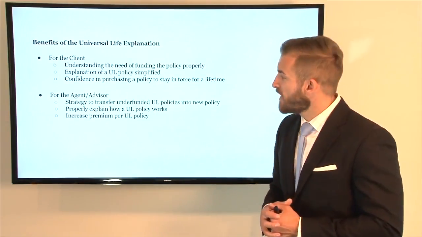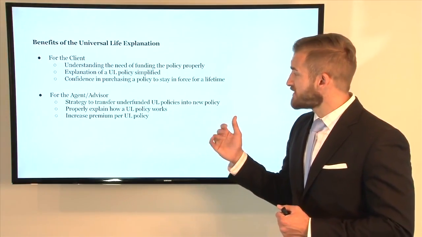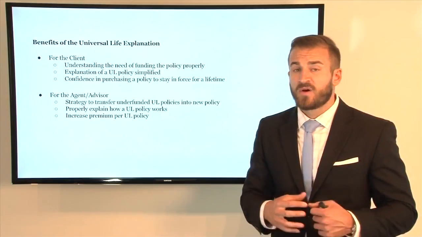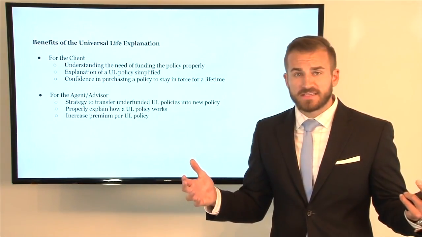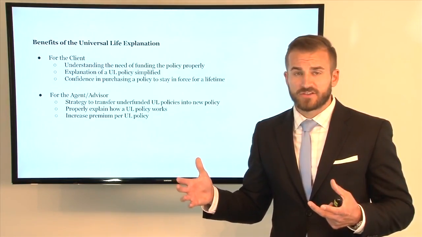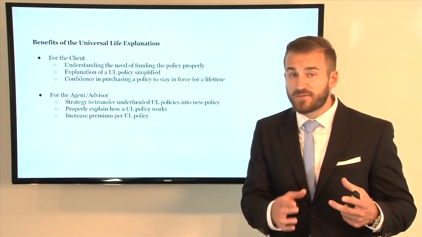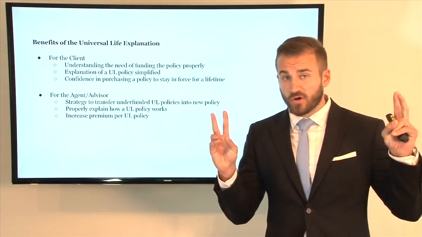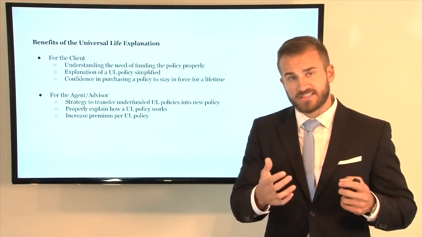It gives them the confidence in purchasing a policy that'll stay in force for the rest of their life, right? I always say, what's the best policy that's available when it comes to life insurance? Well, the best policy is the one that's in force when you pass away.